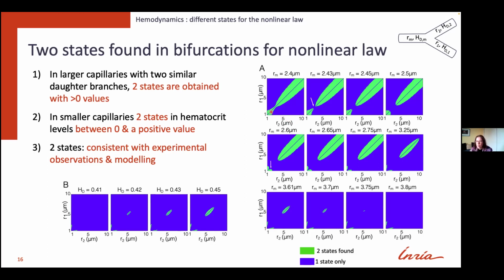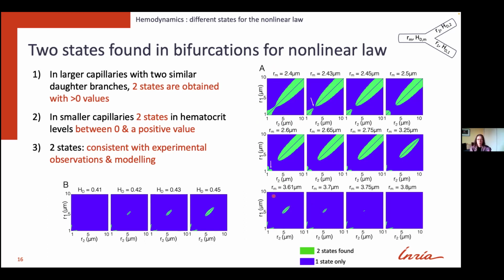And you can see this phase diagram where, depending on the radius of the mother branch, we have different phase diagrams. So we have two states that are found in green versus one state in blue. And this phase diagram evolves depending on the mother branch diameter.